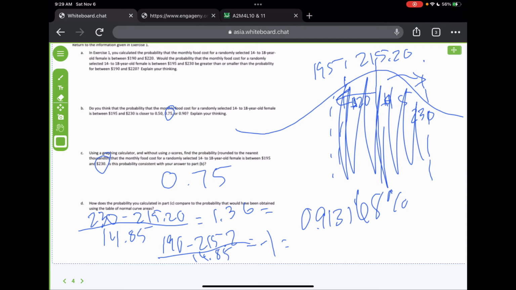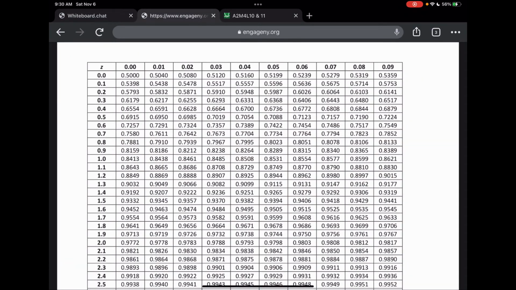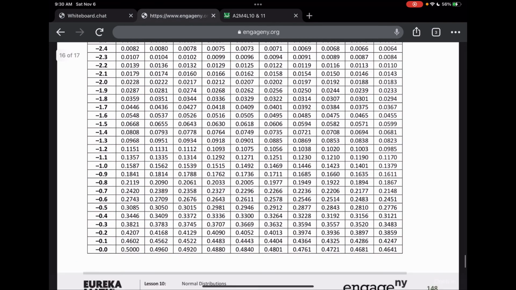Okay. Now, our other z-score is actually -1, so let's scroll up to 0.1587.